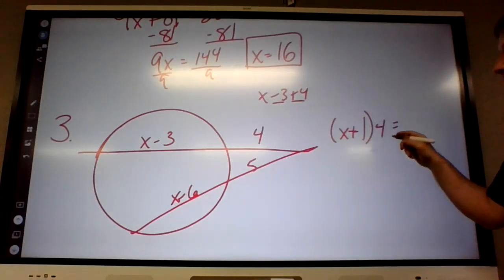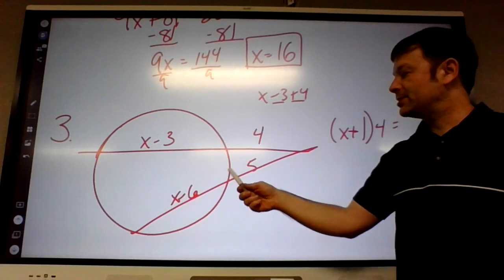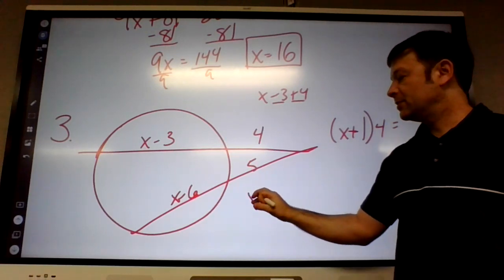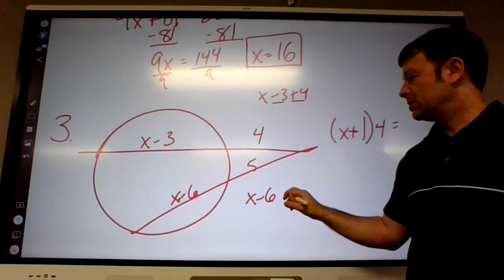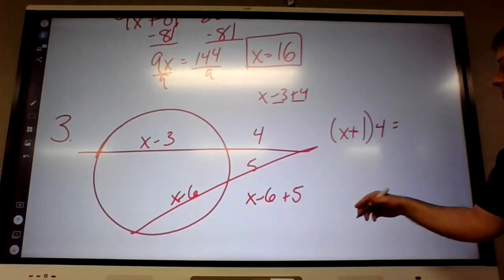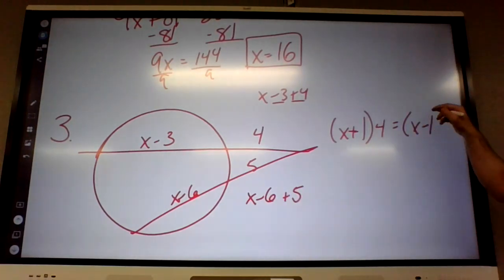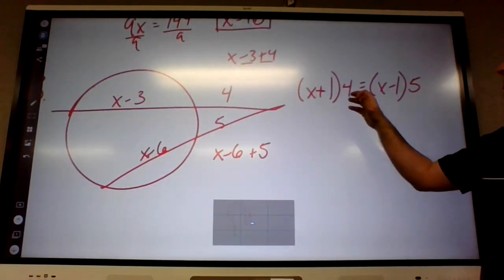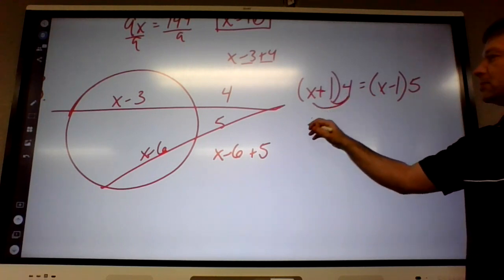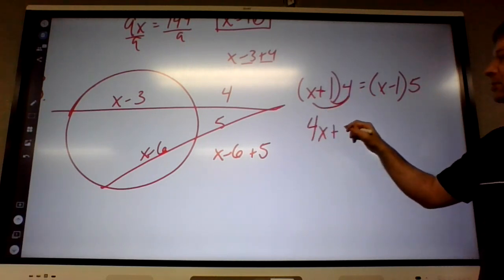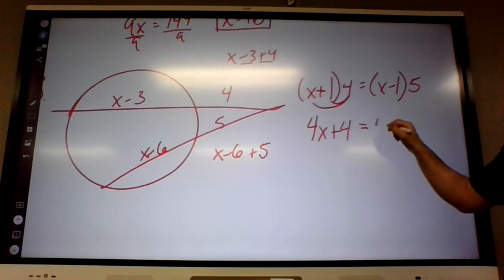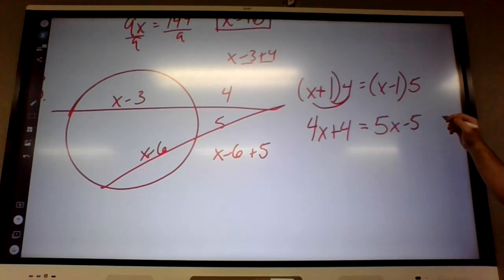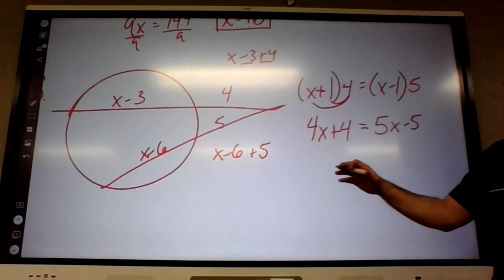And the whole thing down here, x minus 6 plus 5, is x minus 1. And then 5. So we got 4 and 4x, and then 5x and 5. Let's go. Okay, when we have x's on both sides.